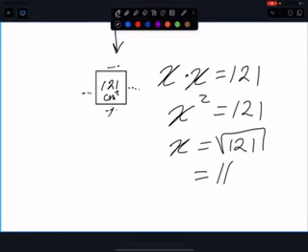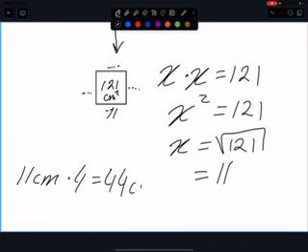That is each side. Now they ask for the perimeter. What's the perimeter? You start somewhere, count every single length, and end up where you started. So you have 11 centimeters multiplied by 4 sides. Answer should have been 44 centimeters.